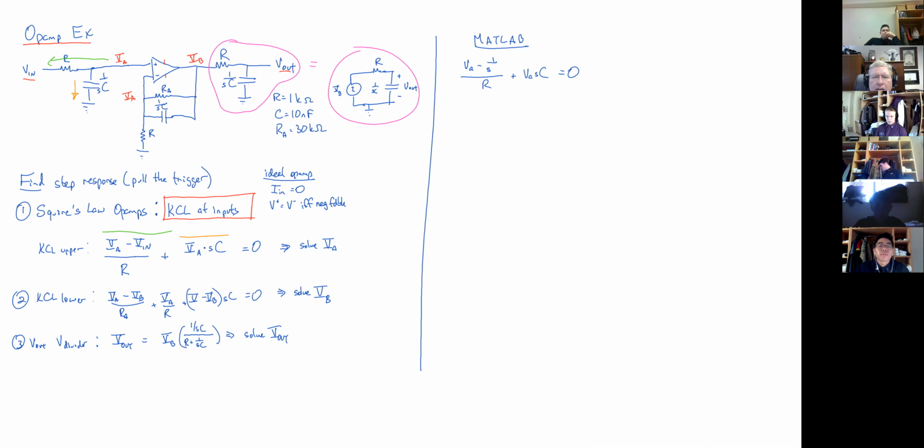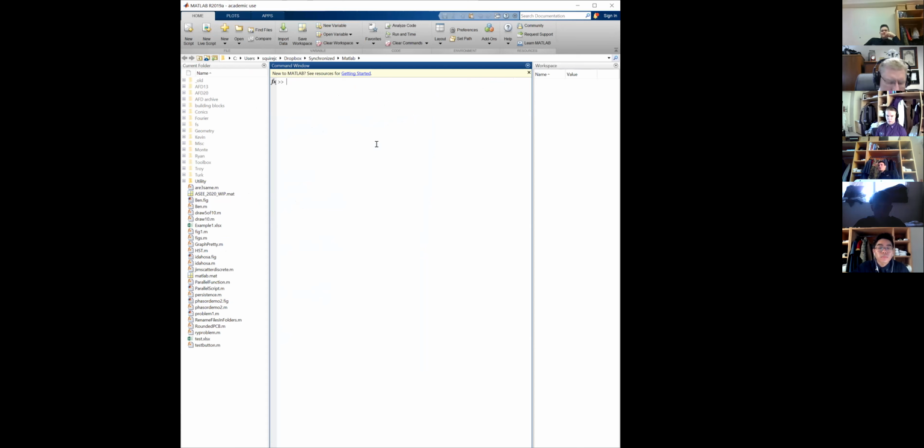Give me a second, and I'll see if I can share my MATLAB screen, and we'll do just that. I wish I could share two things at the same time, but I can't. I'm going to show how to solve that equation I just wrote, using some new commands in MATLAB you haven't seen before. You do need one toolbox, the symbolic algebra toolbox.